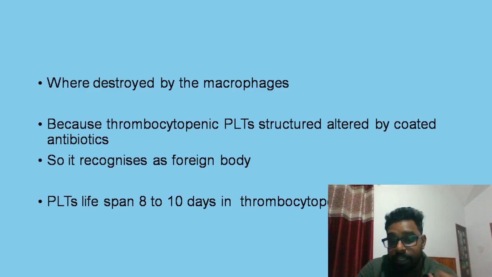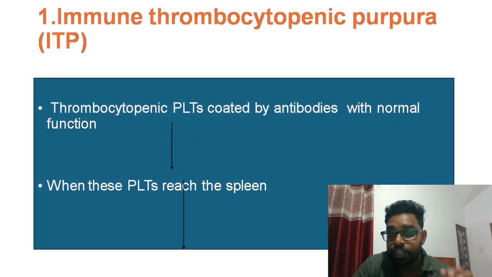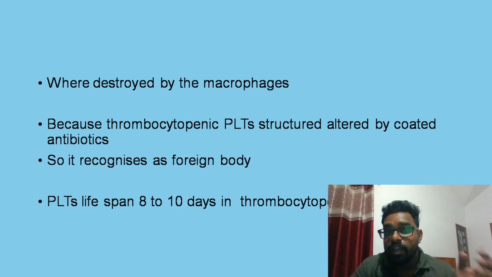So what is immune thrombocytopenic purpura? Nothing but it is immune mediated, where normally the platelets are coated by the antibodies with normal function, but when these platelets reach the spleen, they will be destroyed by the macrophages, because the platelet structure is altered by the coated antibodies, so it will be recognized as a foreign body.